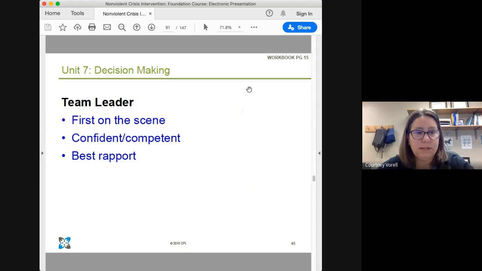I'm the first person on the scene, but I don't actually know that student very well. I'm confident and competent, but I don't have the best rapport because I don't really know the student. And so my first question may be to the other staff around, who has good rapport with the student? Who is the person that works most with them? And if they are trained, confident, competent, I may ask them to take over as that team leader. And don't be afraid to do that. You don't have to stay the team leader just because you're the first one there.